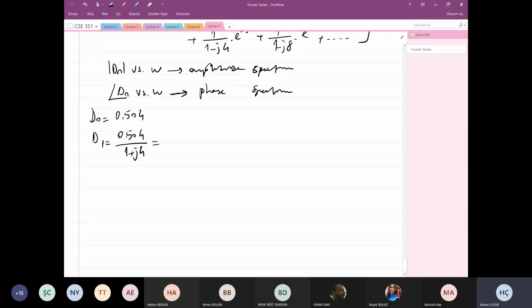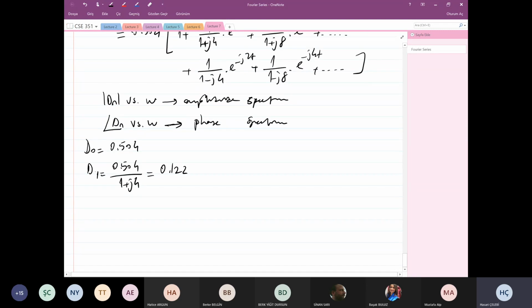If you convert this to the polar form, which is amplitude times exponential, so Dn is equal to amplitude times exponential j phase of Dn.